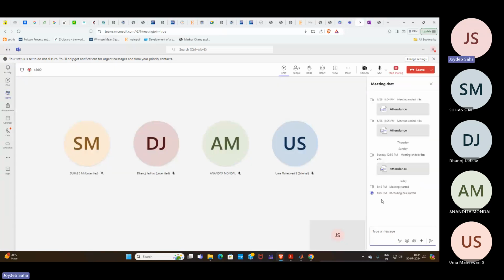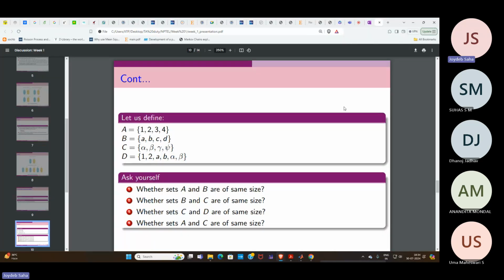No answer till now? Still 2 minutes left. Please take 2 minutes and think whether these are of same size or not.